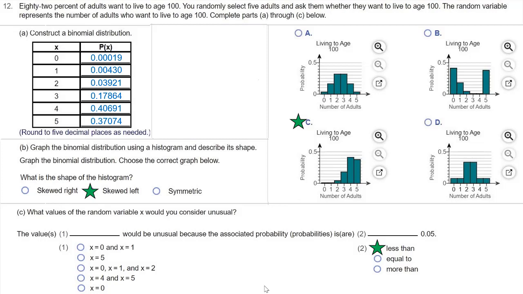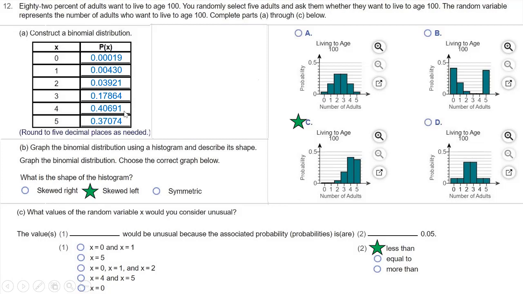Now we can go up to our binomial distribution that we created in part A, and we can judge each value and ask, is that value less than 0.05? So for x equals 0, that value is less than 0.05. For x equals 1, that value is less than 0.05. For x equals 2, that value is less than 0.05.